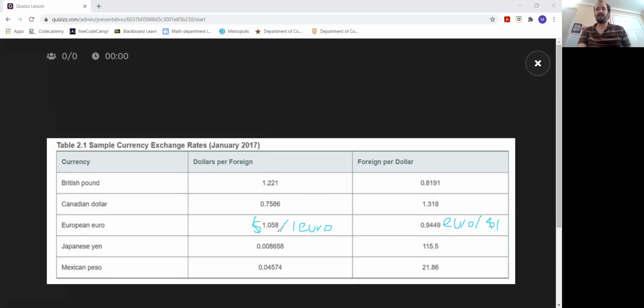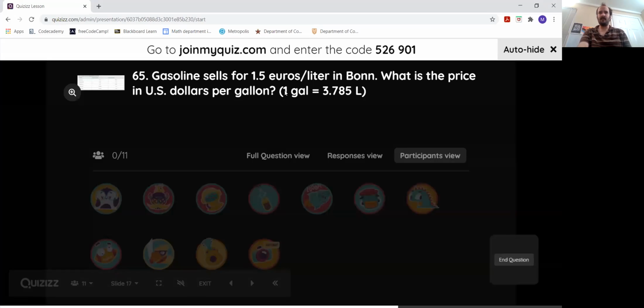So first we want to convert what? Euros to dollars. Then the next thing, and personally I would do this all in one step. The next thing we want to do is convert liters to gallons.